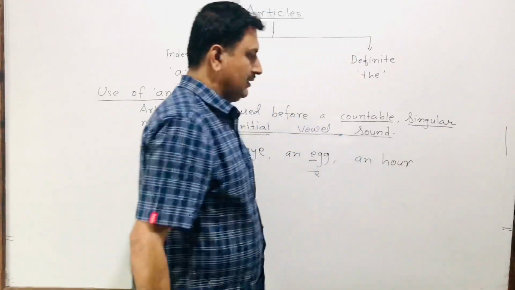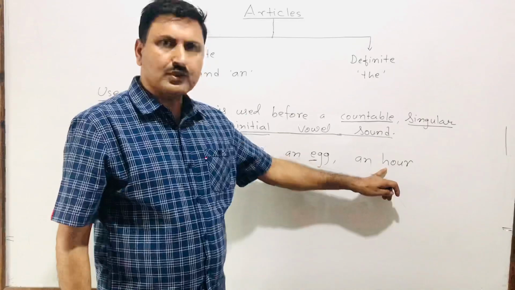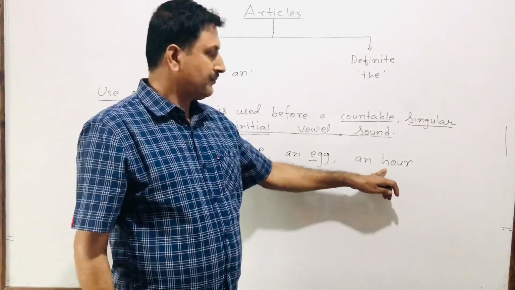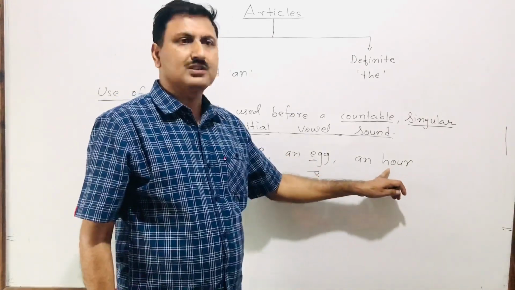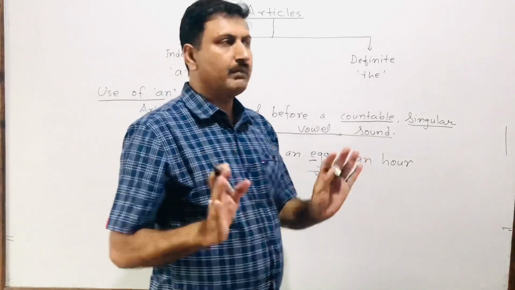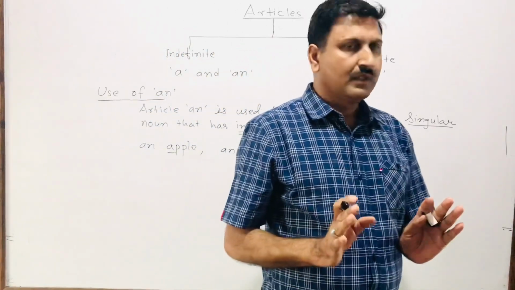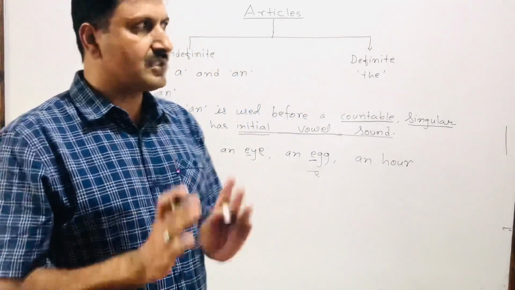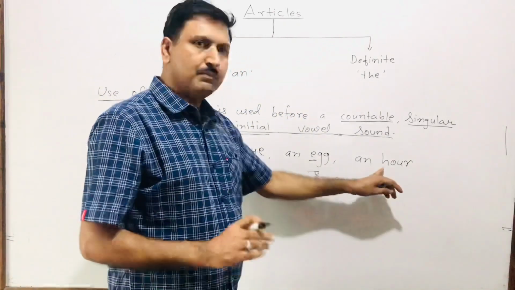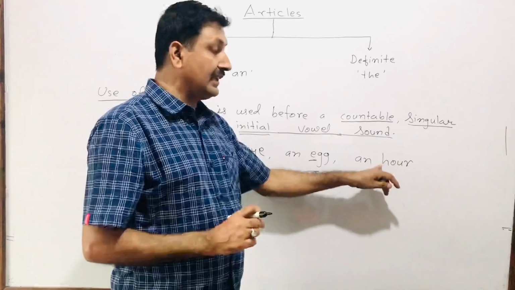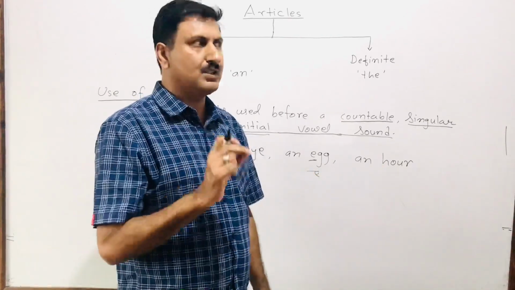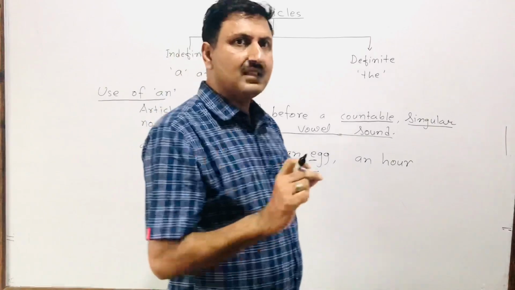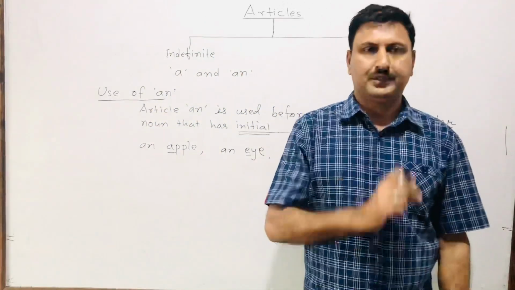An hour. Although there is a consonant letter at the beginning, this is also a vowel sound. Never be confused: we always check the initial sound of the word, but we never check the initial letter of the word. There is a difference between letter and sound.